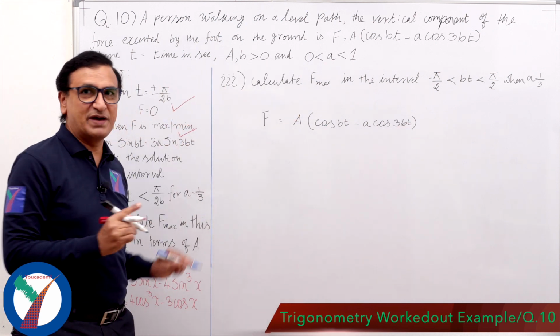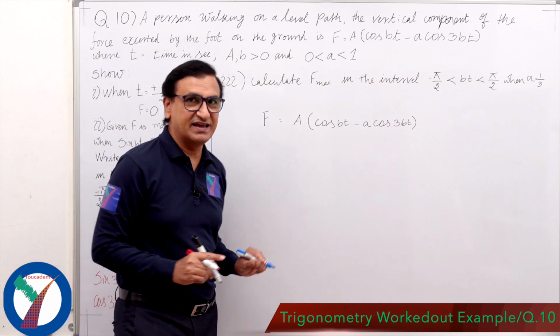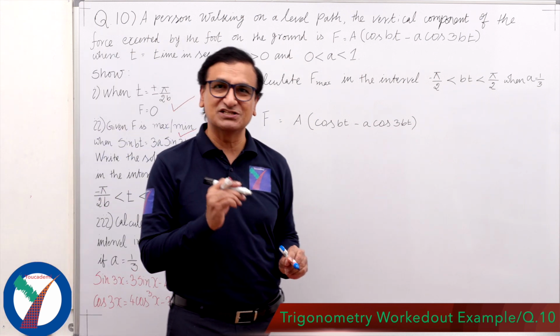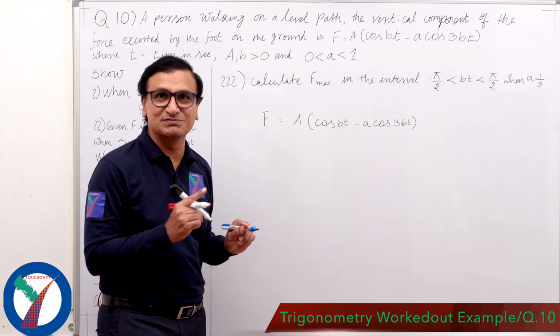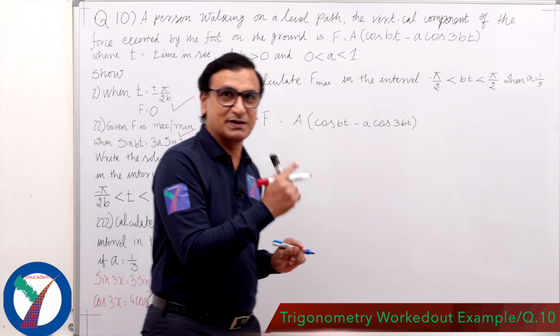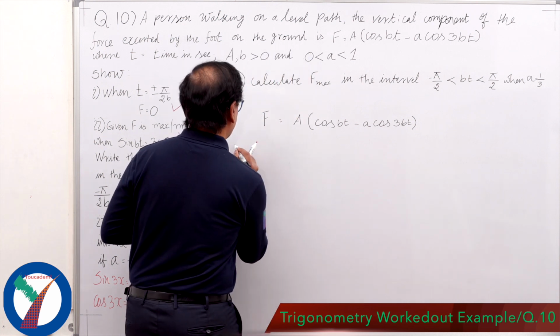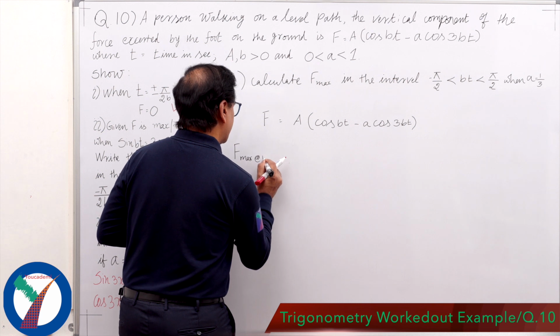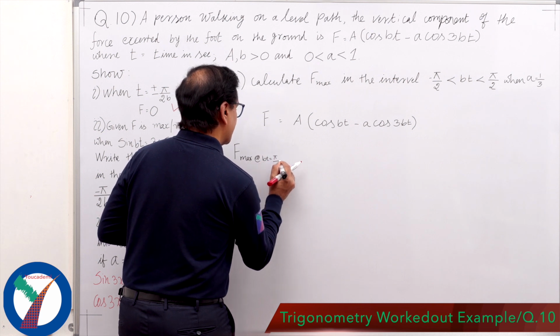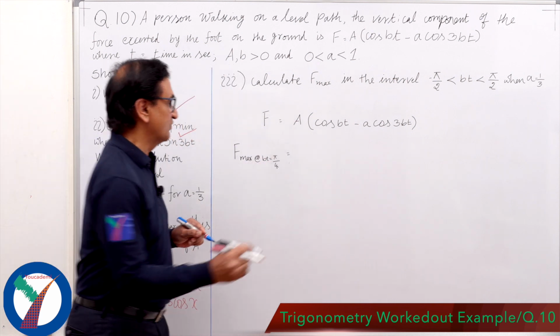Now, for F max, we have to substitute bt as plus pi by 4 and minus pi by 4 because at these 2 points it is maximum. The force is maximum at bt equals plus pi by 4 and minus pi by 4. So F max equals F max at bt equals pi by 4. Let's do this calculation.